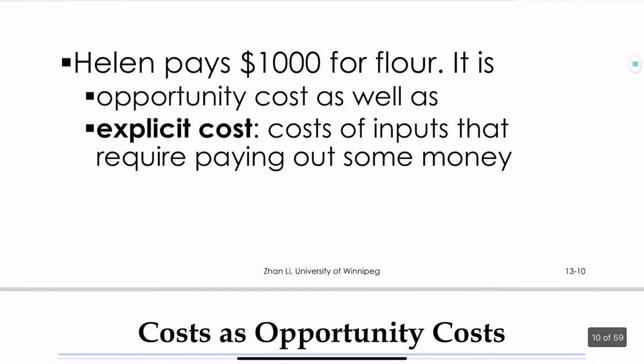So let's assume Helen pays $1,000 for this flower. And here you can see that this $1,000 is the opportunity cost, because you can imagine that instead of using $1,000 for purchasing this input, Helen can actually use this $1,000 to do other things, maybe a vacation in Hawaii.